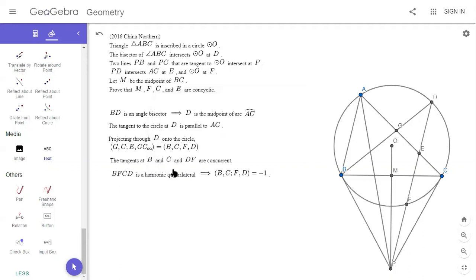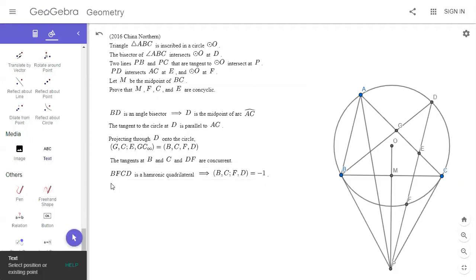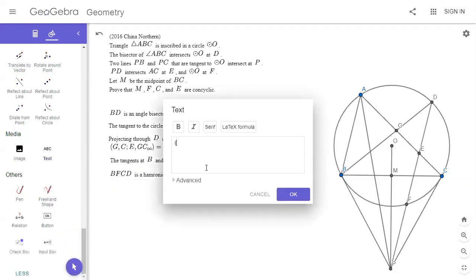And so that means that this cross ratio is -1 by transitivity. So then it follows from there that E is the midpoint of GC.